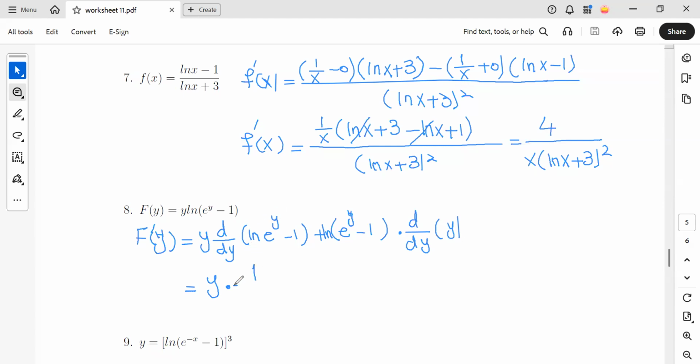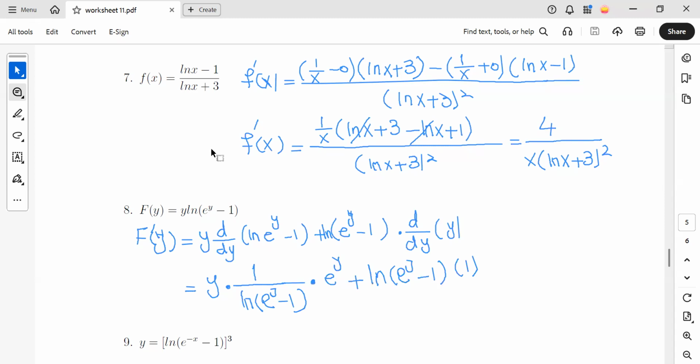So it will be 1 over, this is a chain rule, ln of e to the y minus 1, times the derivative of the inside, which is e to the y, plus ln of e to the y minus 1, and the derivative of y is just 1. And you cannot simplify anymore, just rewriting.